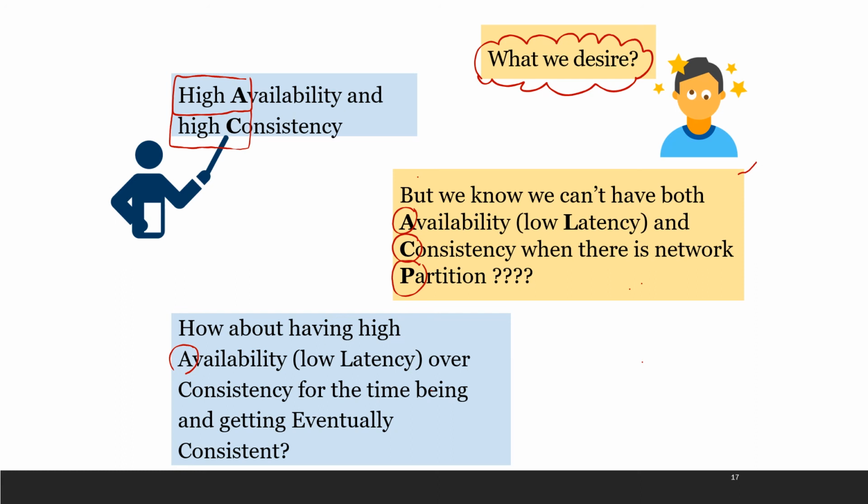So we could consider providing high availability, that means low latency, over consistency. But instead of zero consistency, we can consider what we call eventual consistency. So it's also a good balance to consider high availability with eventual consistency. We will discuss what eventual consistency means in the next topic.